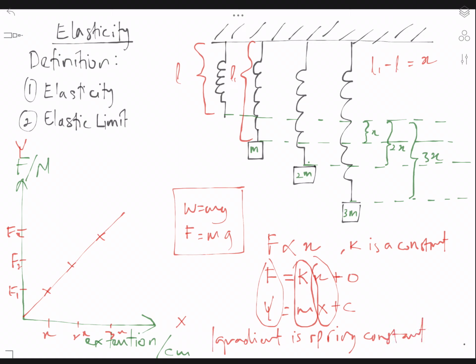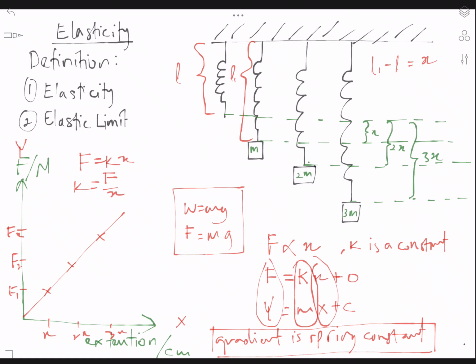Okay, this is something that you need to know. And then what about the unit for gradient? You can calculate the gradient using the formula. We can write F equals kx, so k equals F over x.